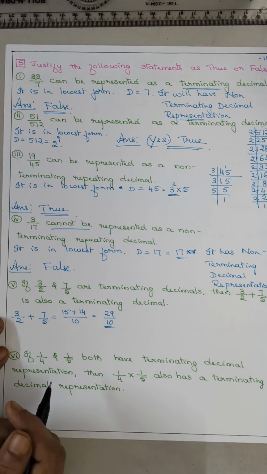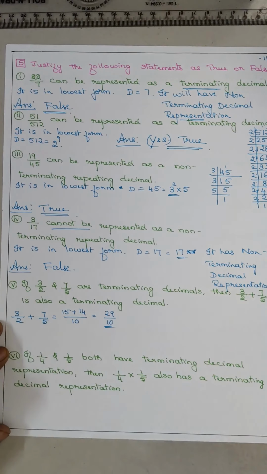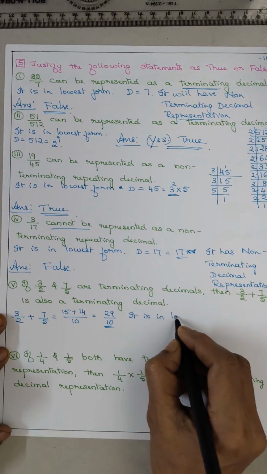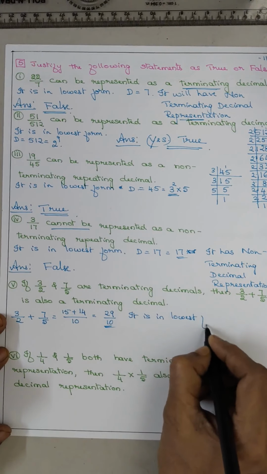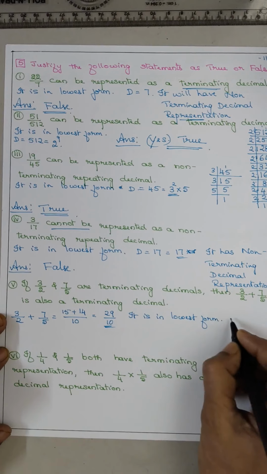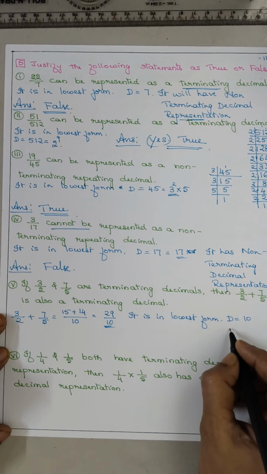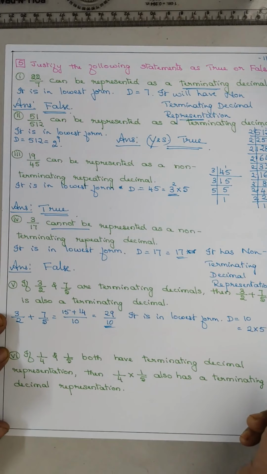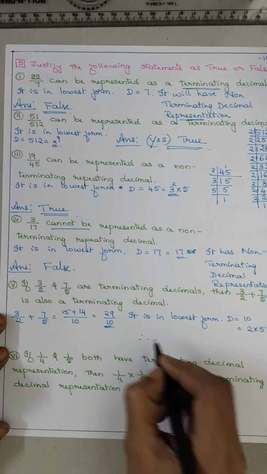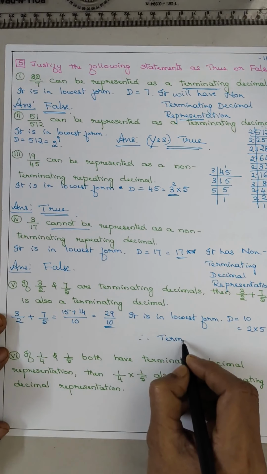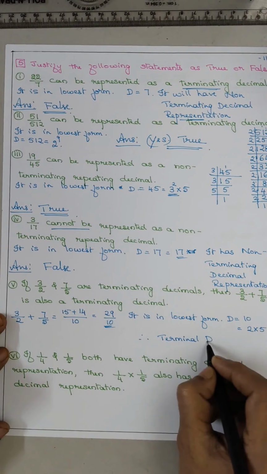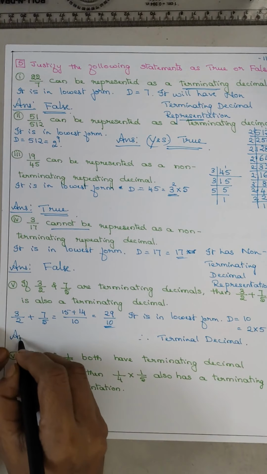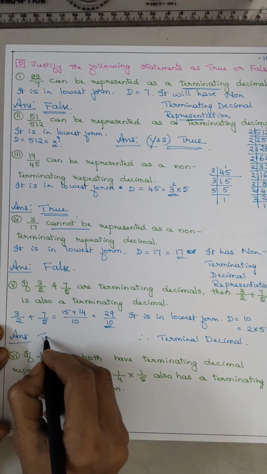It is in the lowest form. The denominator is 10, which can be written as 2 5s are 10. So therefore it will be a terminating decimal. Is it true? Answer: true.